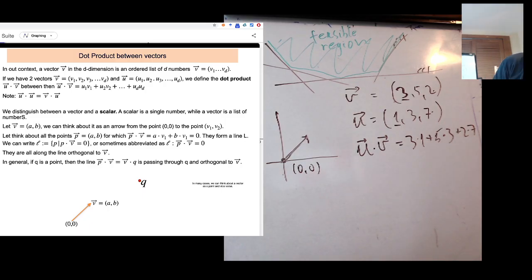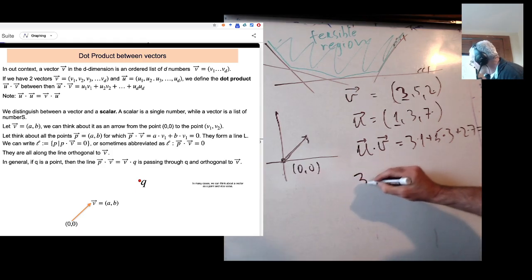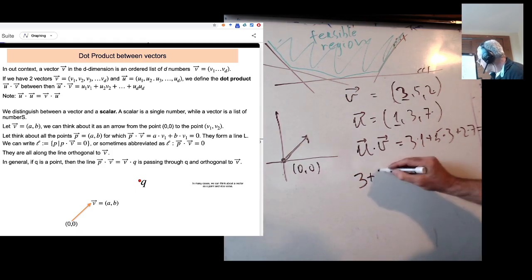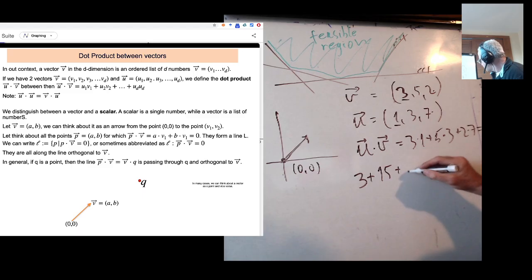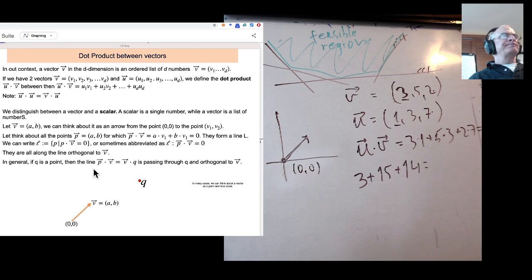You see everything here? Which in turn equals 3 plus 15 plus 14, and you can pull out your calculator and compute it. That's what U dot V implies.